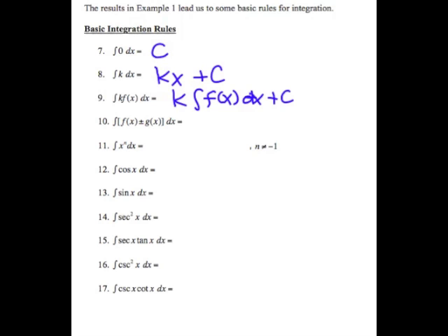And again, it is okay to split up two integrals when we want to find the sum or the difference. So the next rule tells us that we can take the integral of f of x with respect to x and add or subtract that to the integral of g of x with respect to x.